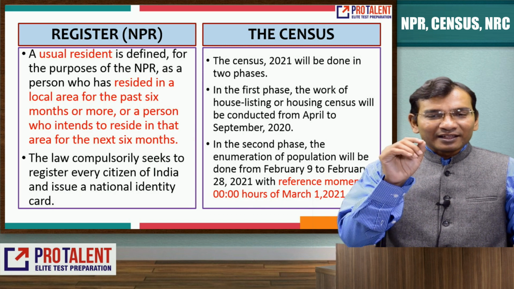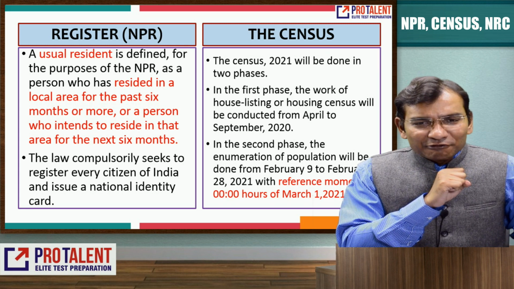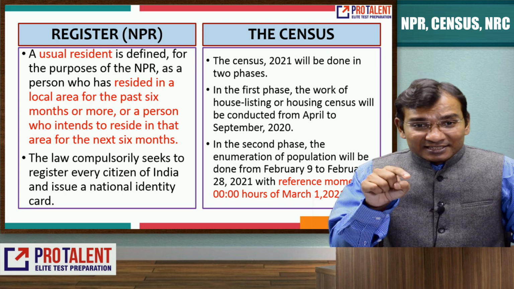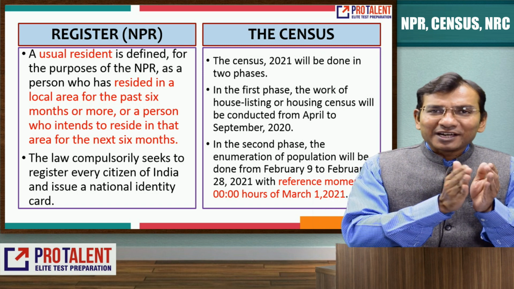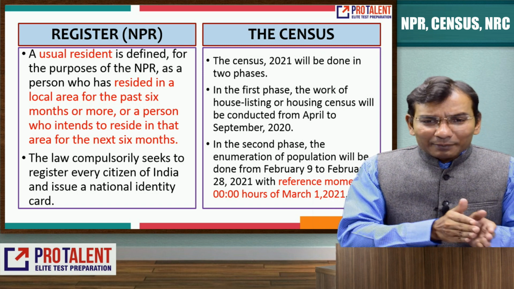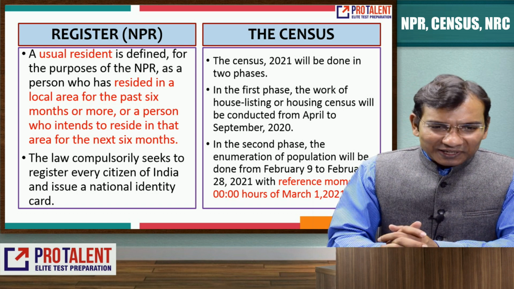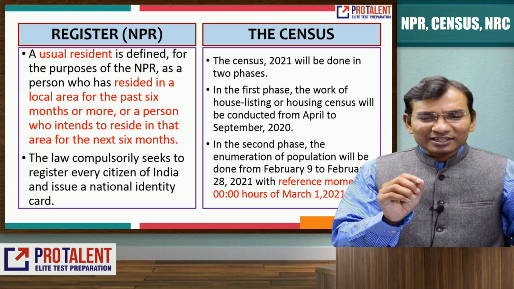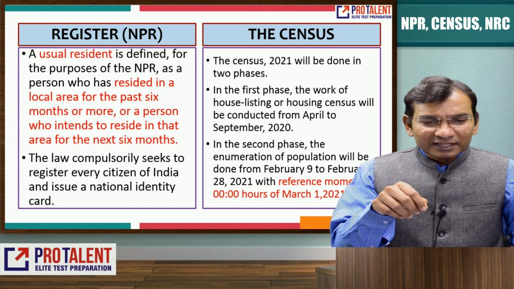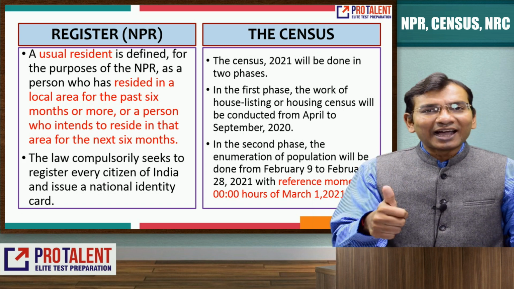Resident कैसे define होता है? मैंने अभी बताया आपको. A usual resident is defined for the purposes of NPR as a person who has resided in the local area for the past 6 months or more, or a person who intends to reside in India for the next 6 months. The law compulsorily seeks to register every citizen of India, ठीक है, and this is connected to the national identity card.